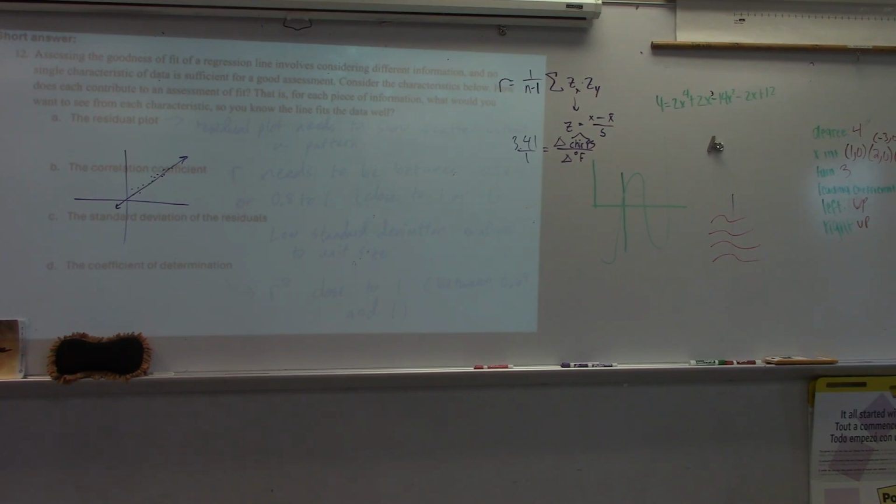Coefficient of determination though, right? We want R squared. R squared is called the coefficient of determination. And we want it close to 1. Where in the world did I get 0.64 from? It's a great question.